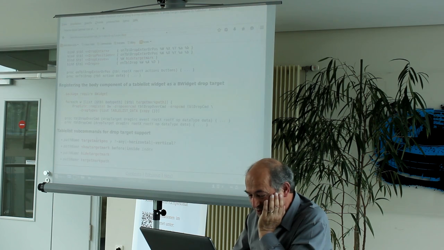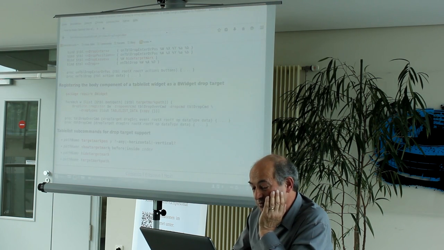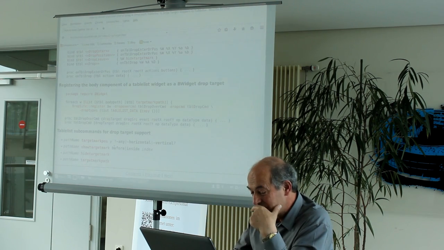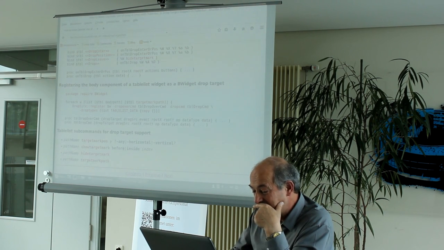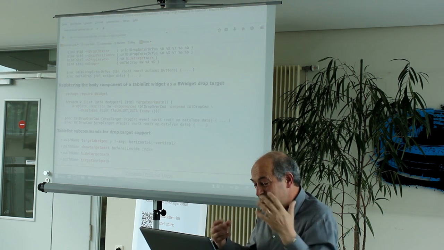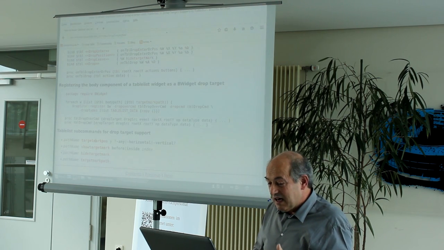Just a short description is: target mark pos will return exactly that what show target mark expects. It returns 2 things, actually a list of 2 elements. The first element is either before or inside, and the second one is a row index.